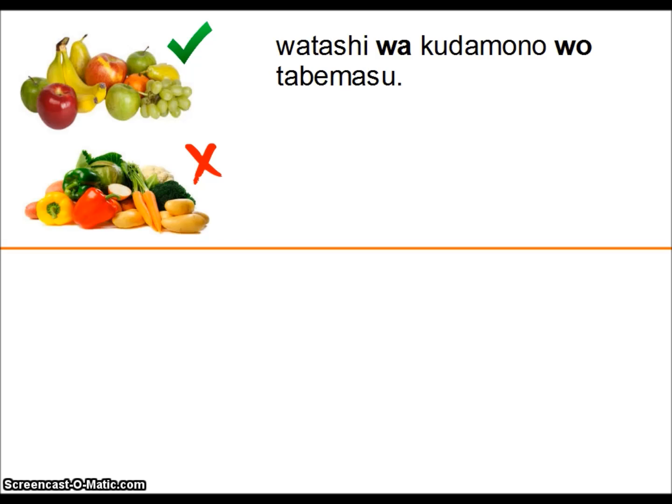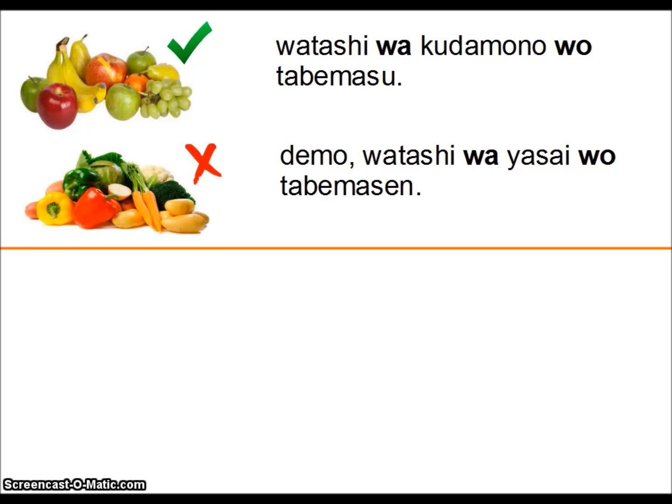Watashi wa kudamono o tabemasu. Demo, which means but, watashi wa yasai o tabemasen. It's still the same form. It's still subject wa, something o, verb. But now we've just changed mas to masen. And now it means I do not eat.